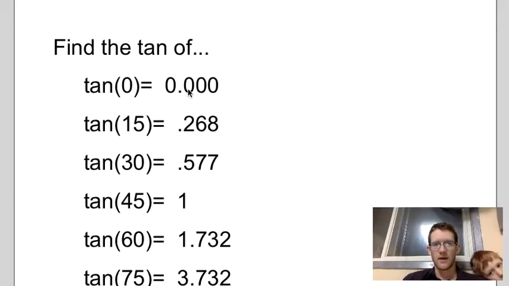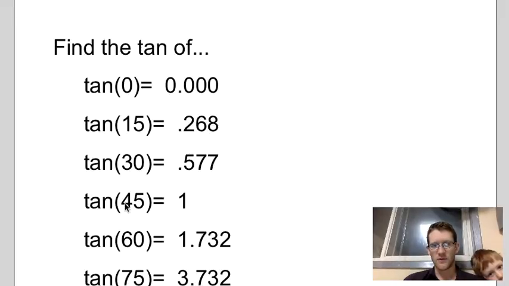Okay. So notice here that when we start with the tangent of 0, we just get 0. That kind of makes sense, I guess. We have a nice narrow angle, so therefore our opposite over adjacent has a very small opposite divided by a large adjacent, right? So we get a small value here.